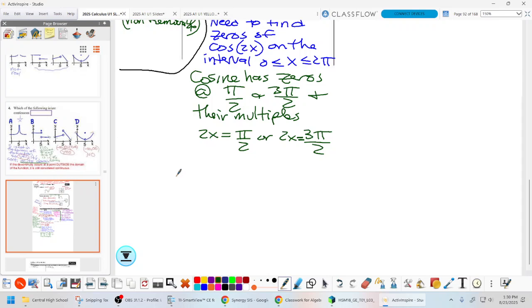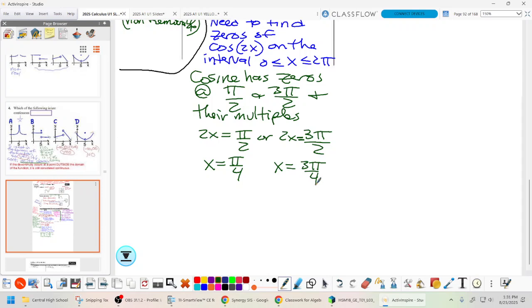Because the argument of the cosine, what's inside of it, has to be pi over 2, but it's actually 2x. So solve for x. If I divide by 2, x is pi over 4. Over here, that's going to be at 3 pi over 4.